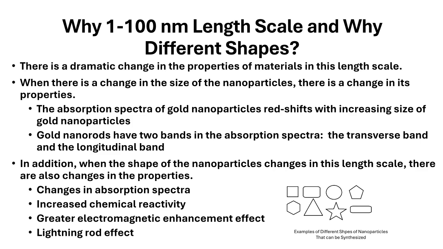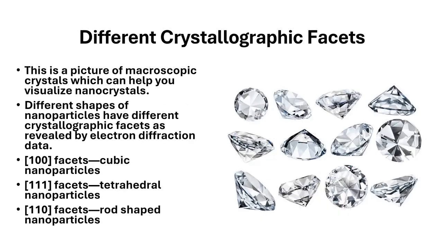The schematic on the right shows examples of different types of shapes of nanoparticles that can be synthesized. The picture on the right is an example of macroscopic crystals. In our case, the nanoparticles are nanocrystals with specific crystallographic facets such as 100, 111, and 110 facets. Different shapes are composed of different facets.